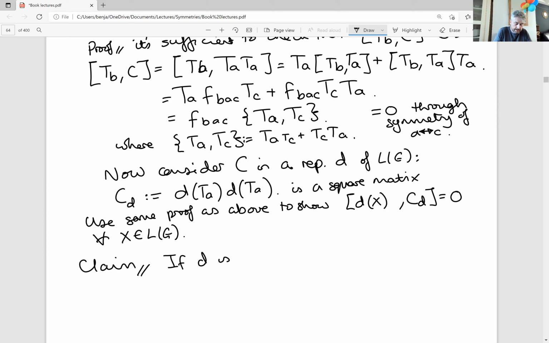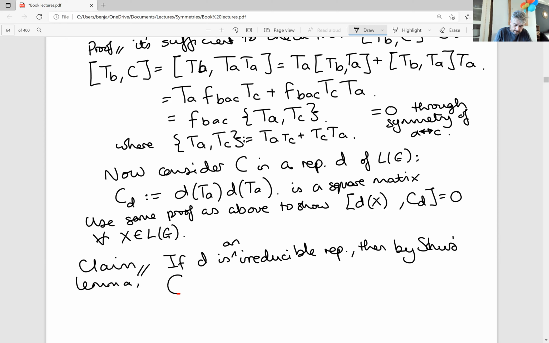So if D is an irreducible representation, then by Schur's lemma, C_D, so let's call this big C, big C is the matrix equal to little c_D times the identity matrix, where little c_D is just some real number.